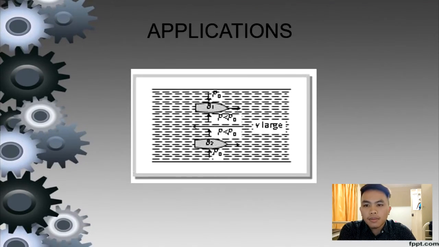The last part is the applications of Bernoulli's theorem. First is the attraction between two closely parallel moving boats or buses. When two boats or buses travel in the same direction in the water, the water between them travels faster than the water on the opposite side.